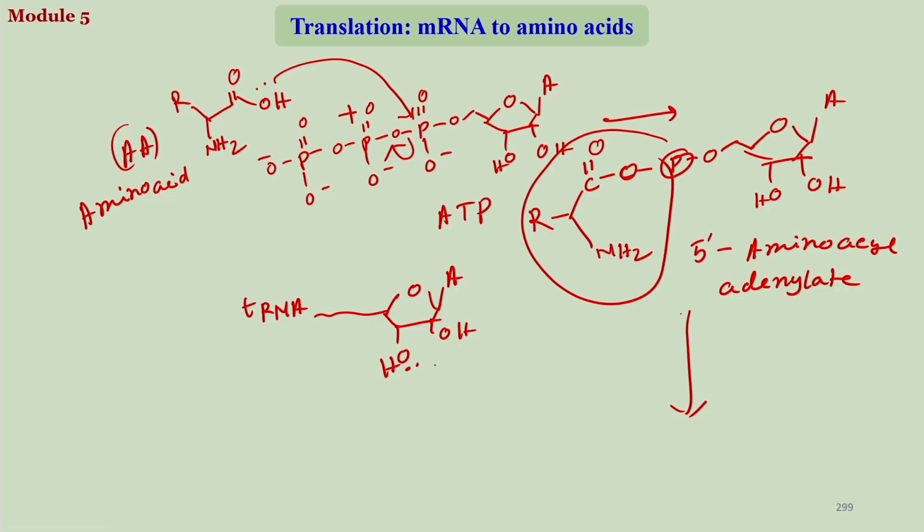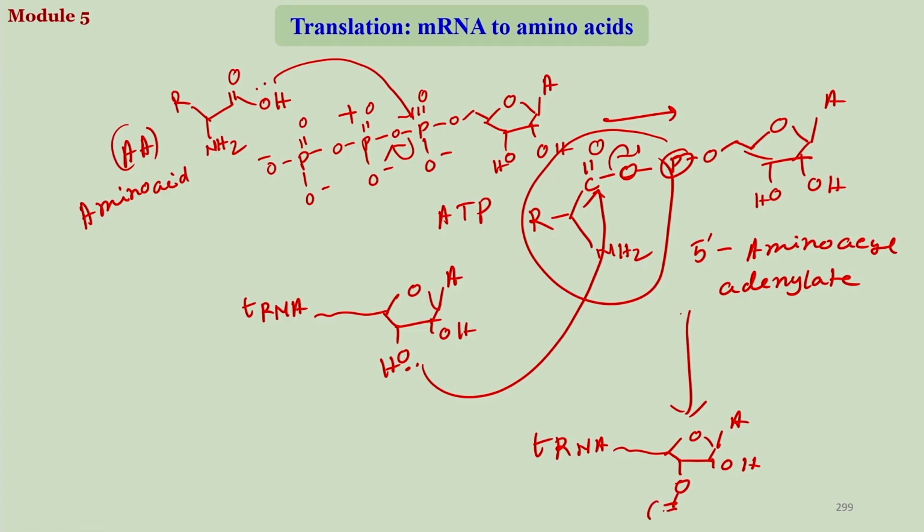This is the 3 prime hydroxyl group that reacts here, opens this up, and what you have now is the tRNA, here would be adenine, here would be OH, and in this position comes the amino acid, O, CO, NH2, and here is your R. So, with an acyl bond here, that is how the tRNA is attached with an amino acid.